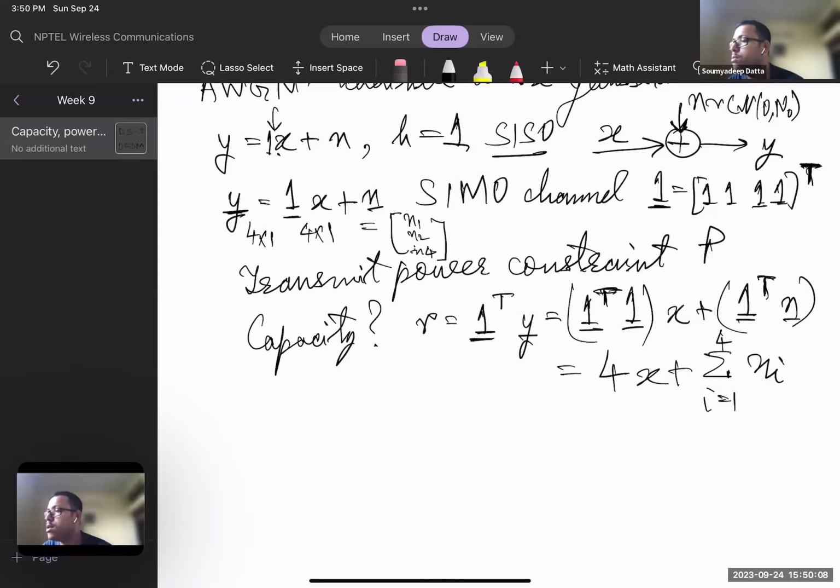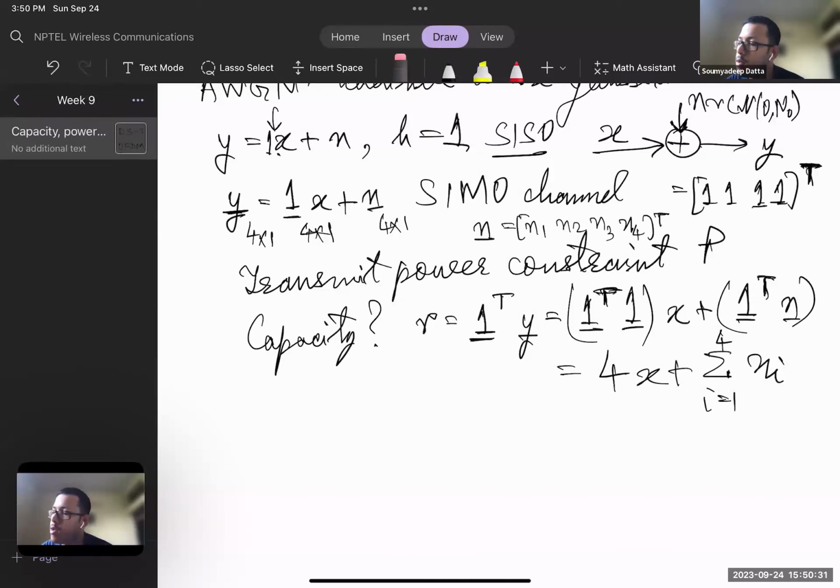If you do 1 transpose over this, you will just add up all of these. Similarly, the 1 vector is 4 cross 1, and the N vector is n1, n2, n3, n4, whole thing transpose.